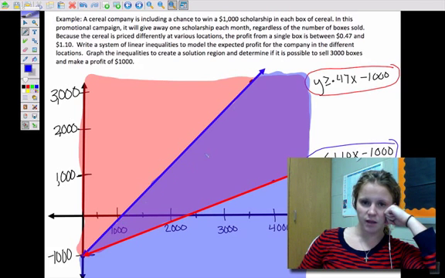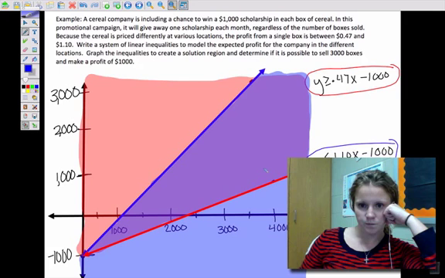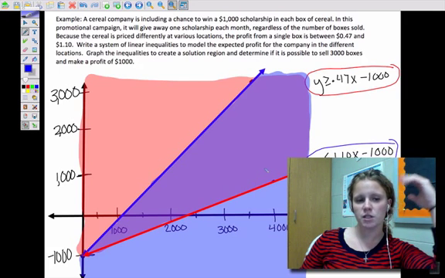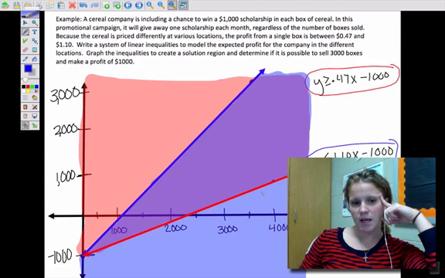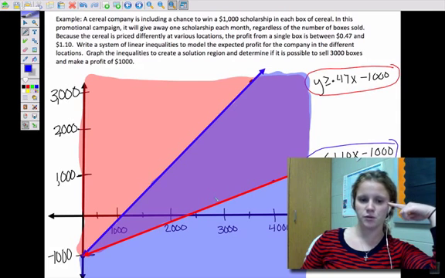The blue region is anything below that line, and the red region is anything above our red line. So this purple region is everything in between. The feasible region for this situation is these two lines and everything in between, this purple region made from the red and blue shading.